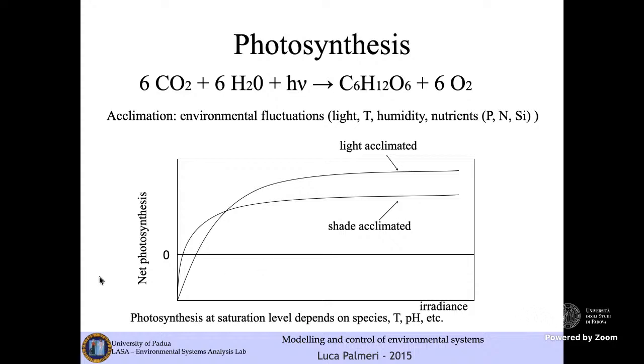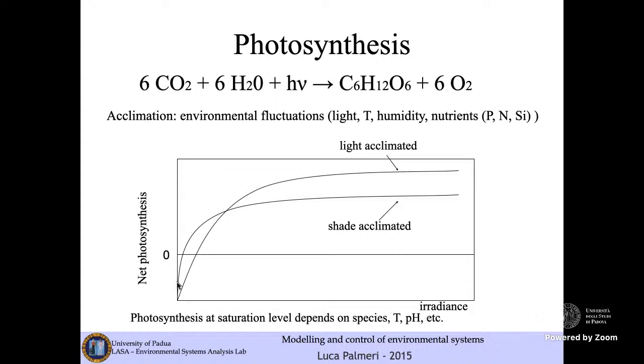So we may write this model by plotting net photosynthesis. Net photosynthesis is the quantity of energy produced by the photosynthetic activities, measured in terms of energy content of the biomass produced, minus the energy employed for respiration by the photosynthetic machinery.